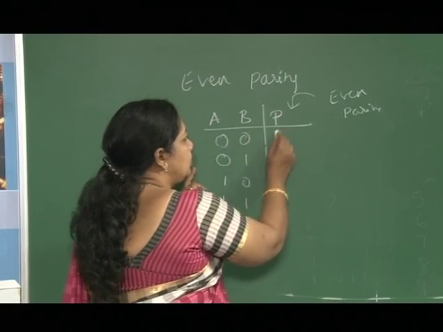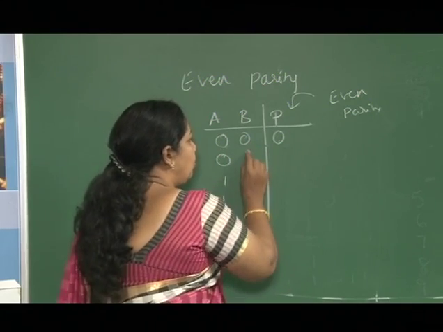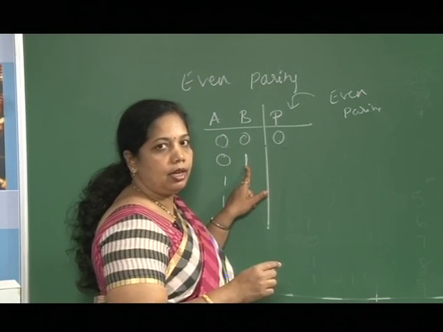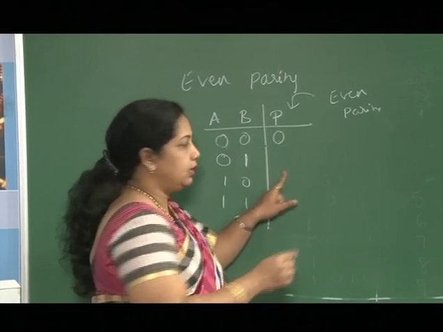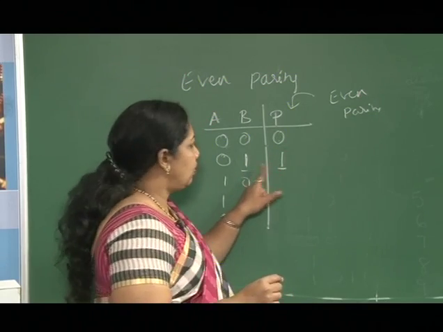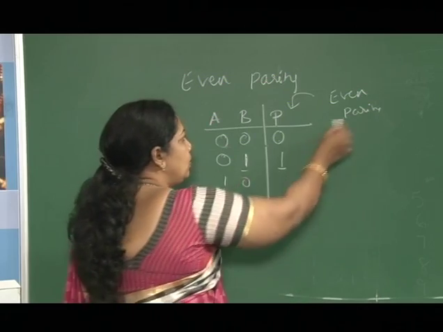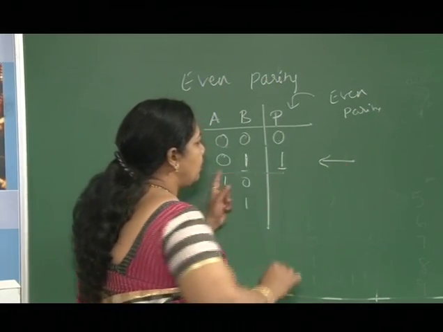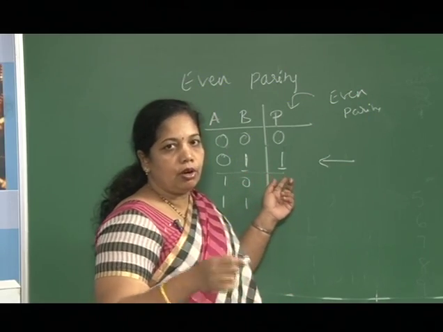Since it is 0 0, I have to write 0. Here I have got a single one, that is an odd number of ones. So I need to put 1 here, so that I generate even parity, an even number of ones. I am going to add this extra bit so that this entire information contains an even number of ones.